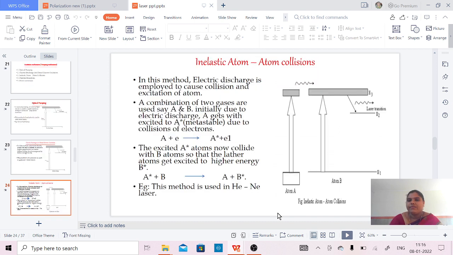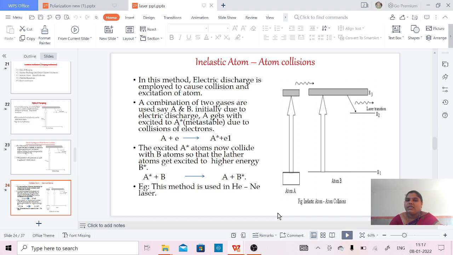And next, inelastic atom-atom collisions. We are considering two atoms here. In this method, electric discharge is employed to cause collision and excitation of atoms. Electric discharge means we are applying an electric field. A combination of two gases is used, say A and B. Initially, due to electric discharge, A gets excited to A star, a metastable state, a higher energy state, due to collisions with electrons.